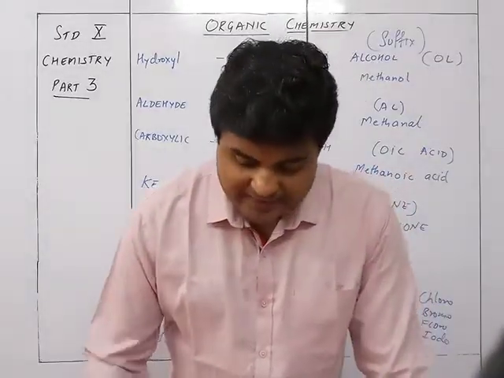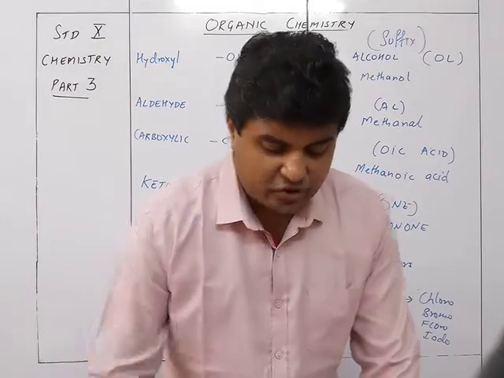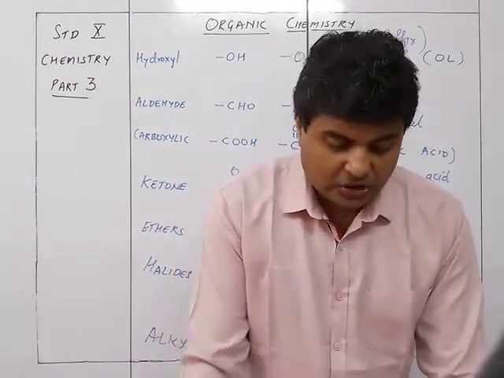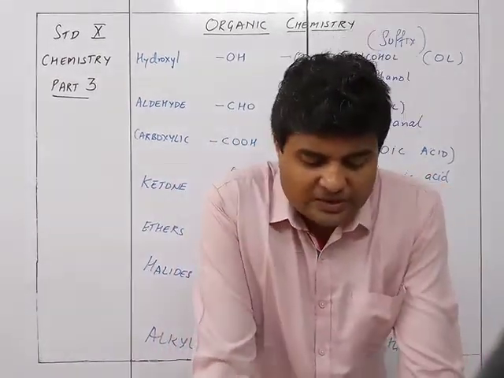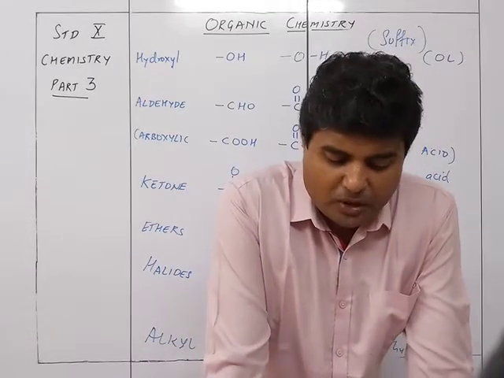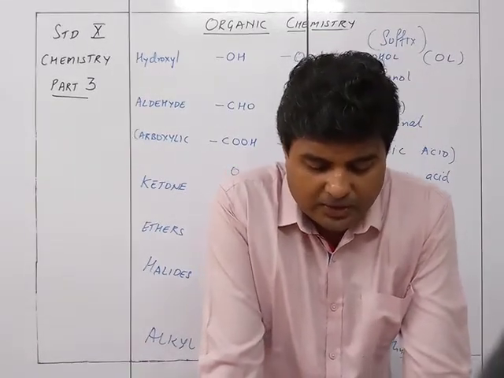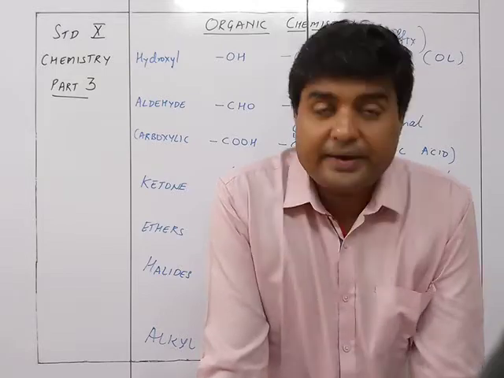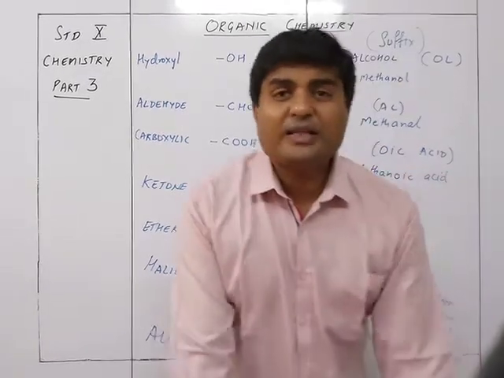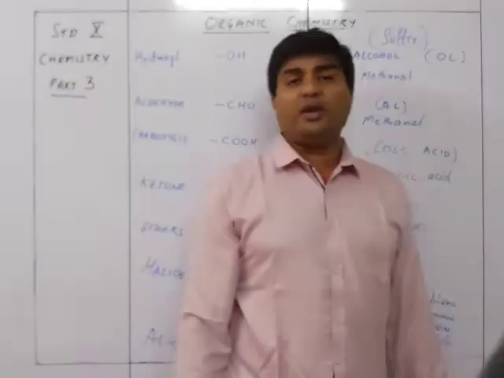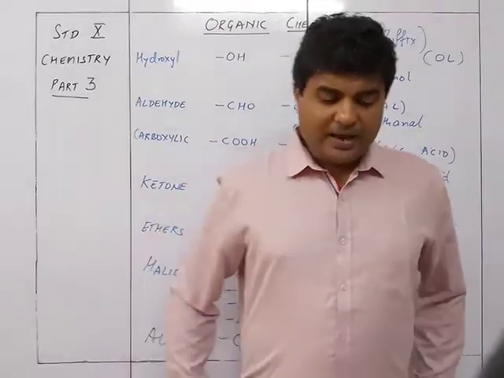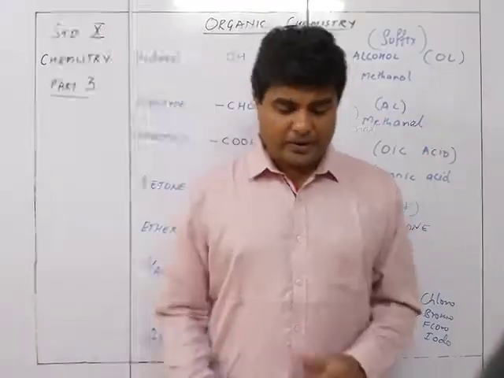Now we see some examples of isomerism in organic compounds. The term isomers refers to organic compounds having the same molecular formula but differing in molecular arrangement or in structural formula. So when the structure is different but the molecular formula is the same, we call it isomerism. That is what I explained to you earlier.